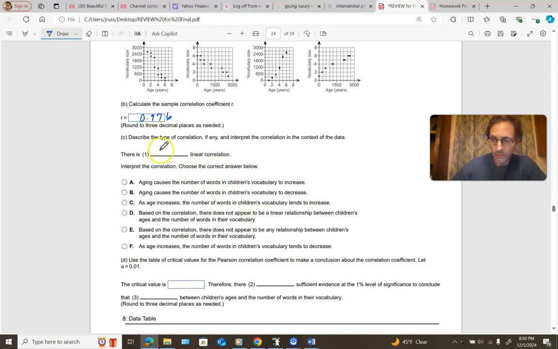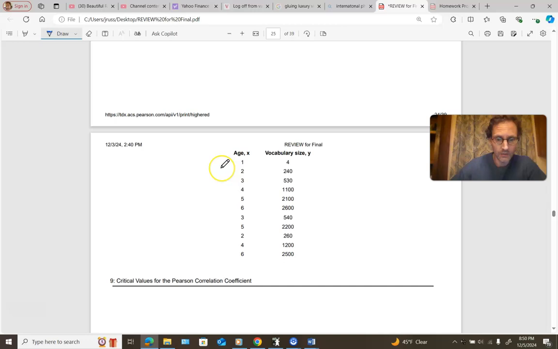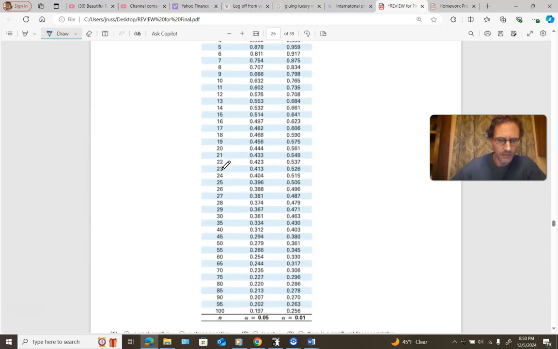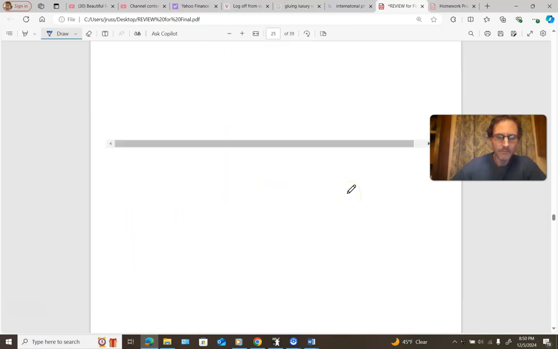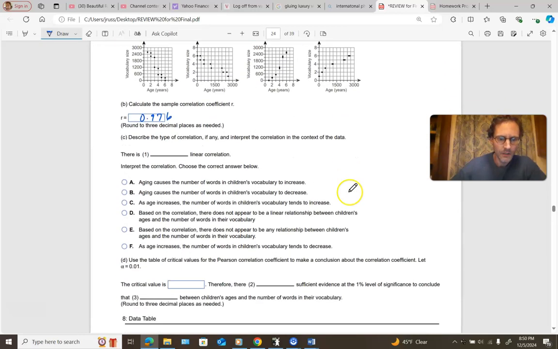Very strong positive linear correlation, what I would say, but I'm not seeing that. Must be way down here. Okay, see here, a strong positive, that's what it should be. And then for this part, as age increases, the number of words in a child's vocabulary tends to increase, so it's going to be C.